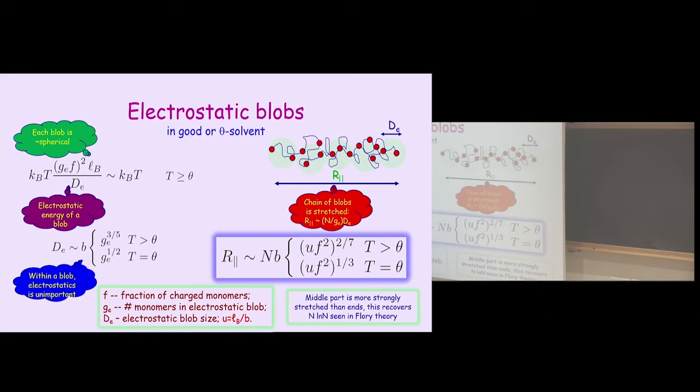So if, for instance, my polymer is positively charged, then there are no negatives around. So no Debye screening, no Debye-Huckel. If we have salt, there will be a separate slide.